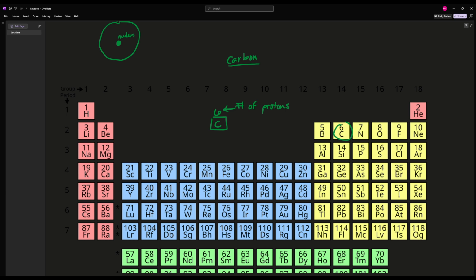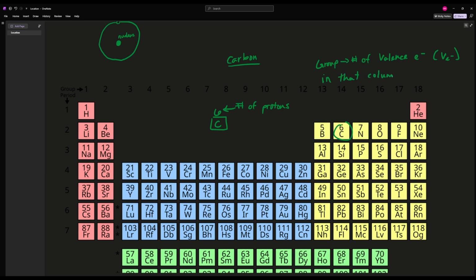All right. Next, we can pay attention to the group number at the top and the period to the left. The group will tell you how many valence electrons are in that column.